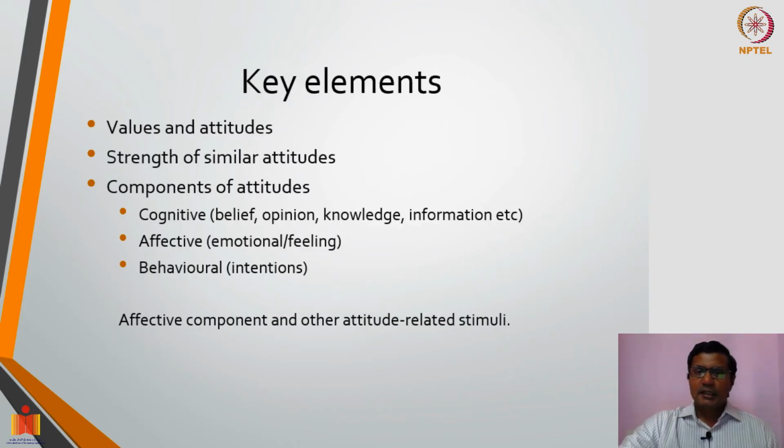The second element in cognitive is belief. Belief is what you believe to be true. It is very subjective in nature. For example, you believe Apple phones are very user friendly, or you believe they are designed to perfection.